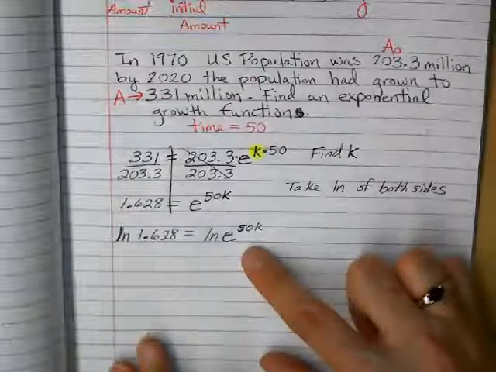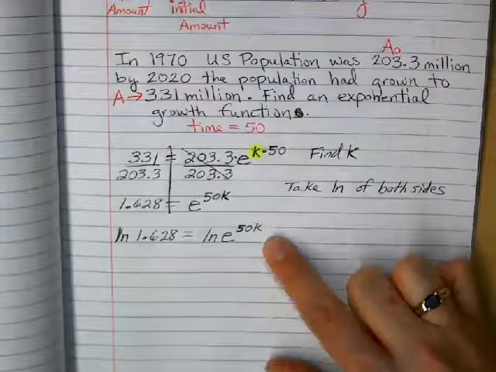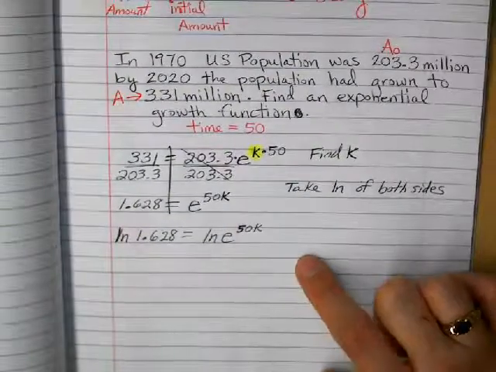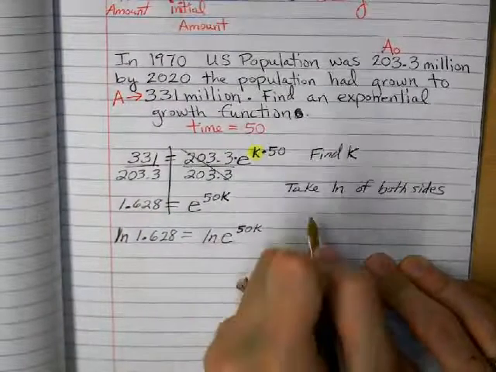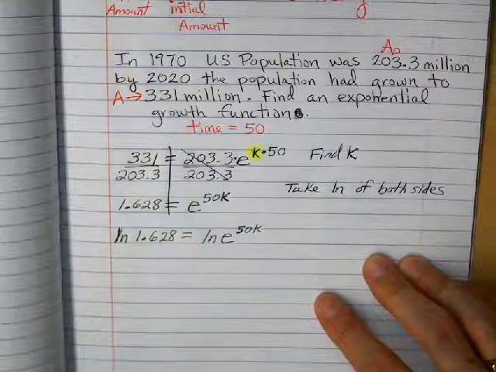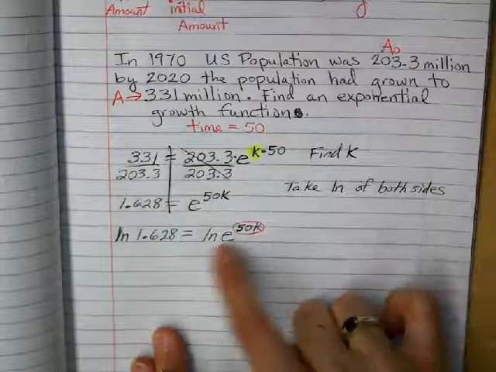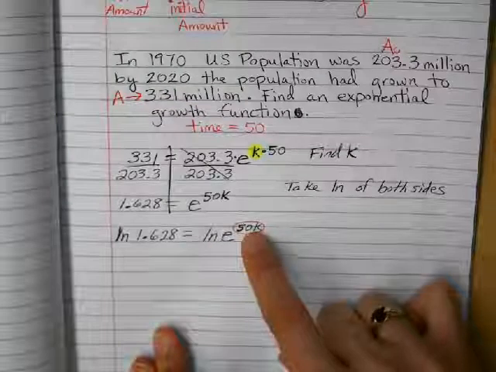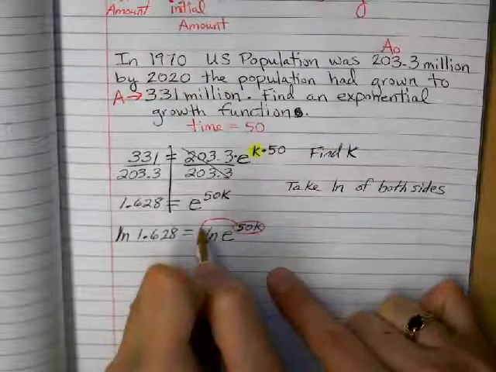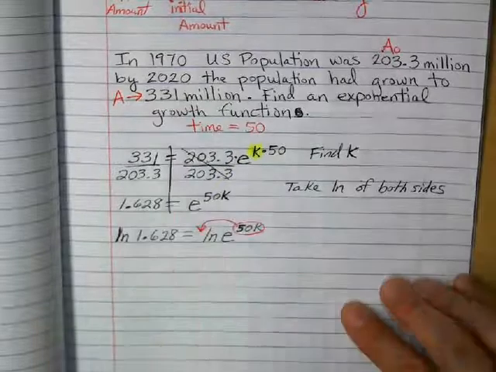Yep, so you take the natural log of both sides, that's going to get rid of the e, because now we do the power rule, which we learned last class. See, this has natural log to this 50k power. The 50k can go in front. It's the power rule where you can bring the power down in front.